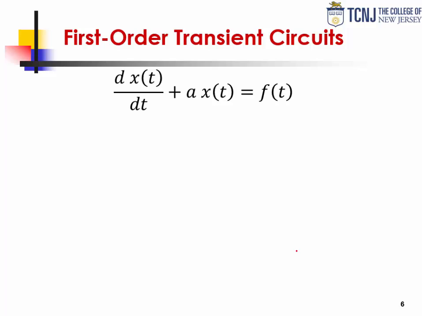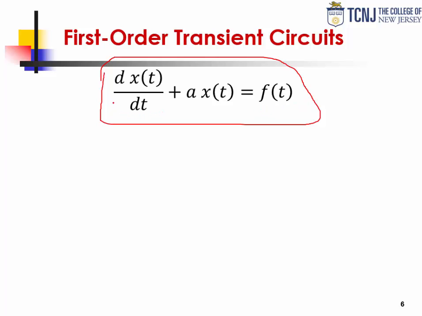If we look at the equation that we get from applying nodal analysis or mesh analysis to a first order transient circuit with resistors and capacitors, or with resistors and inductors, we will get an equation of the form like this: a first time derivative times a linear component equals to some type of forcing function.